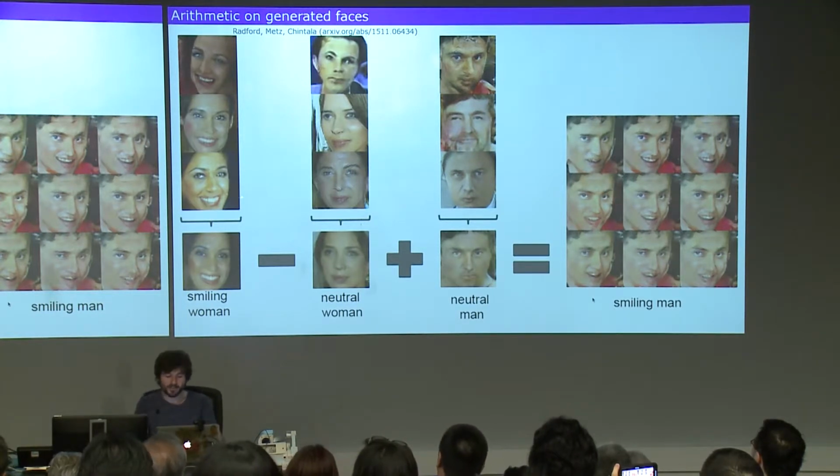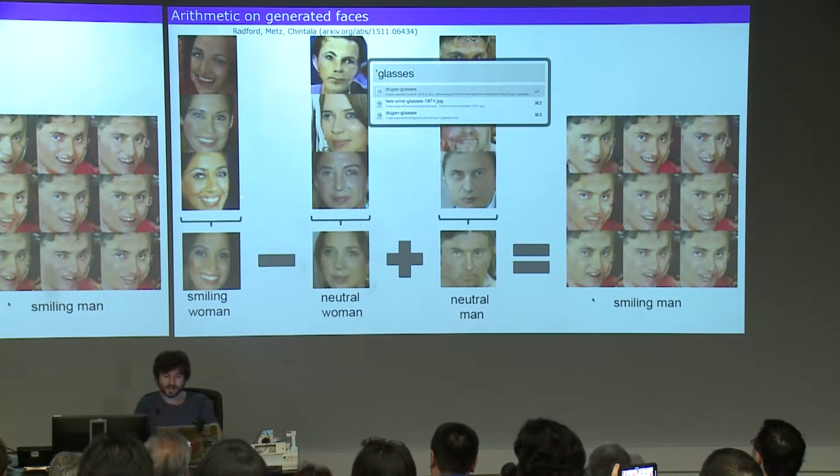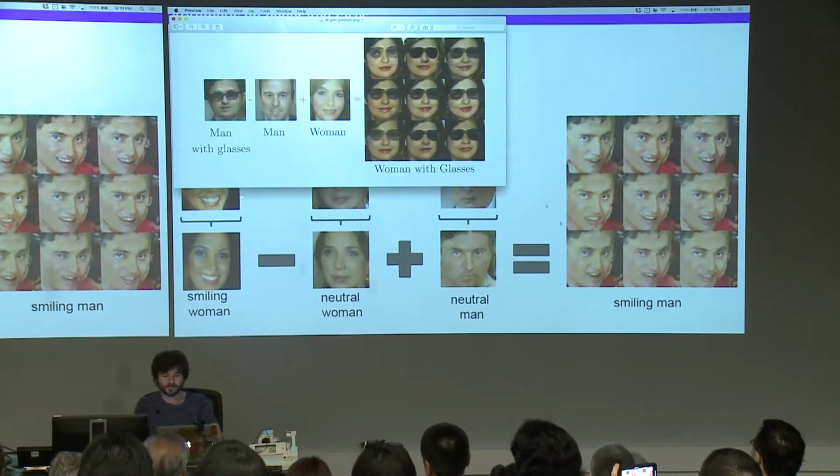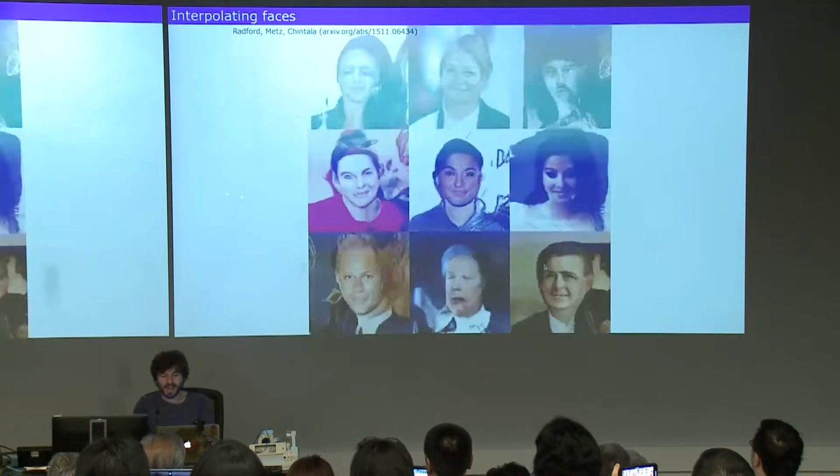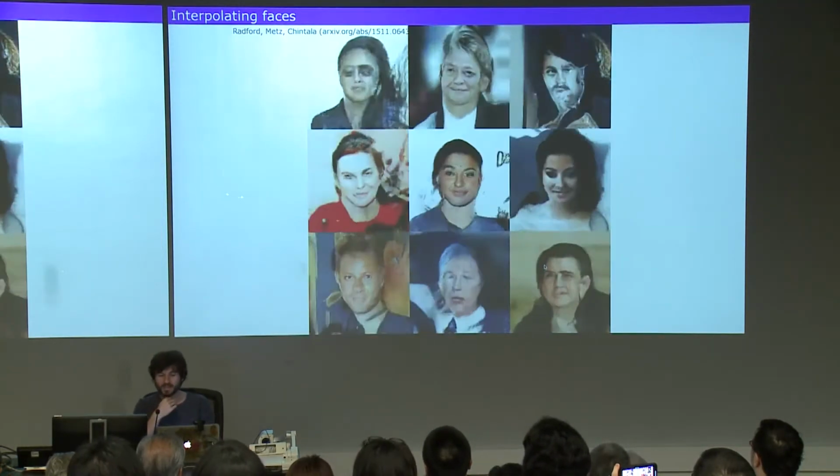So they also have, for example, glasses: man with glasses minus man plus woman equals woman with glasses. So that's pretty neat. And they showed these interpolations that you can do.